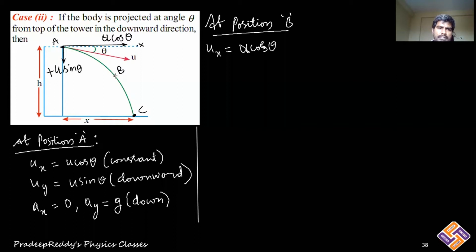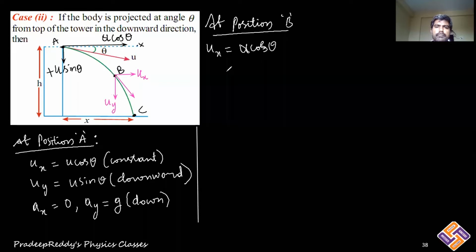Velocity at B is obtained by simply drawing a tangent at position B. Now I can resolve this velocity into two components, one along the x-axis and one along the y-axis, and this is the velocity at position B.